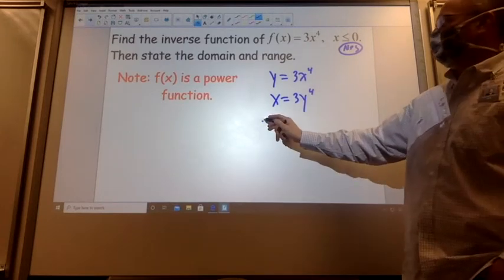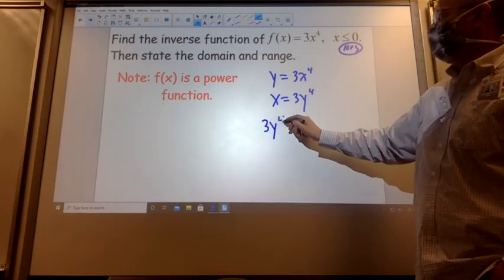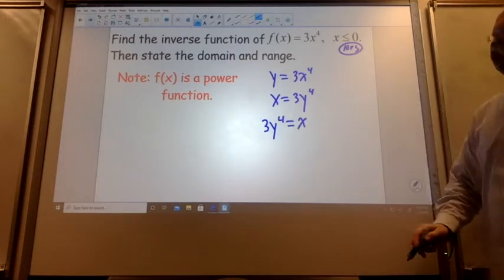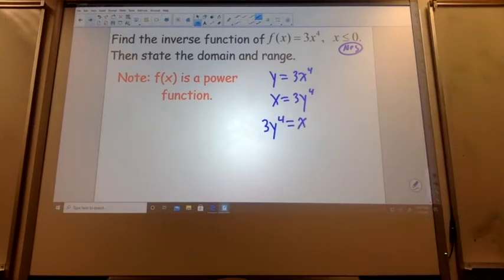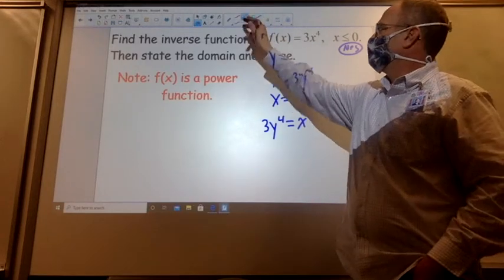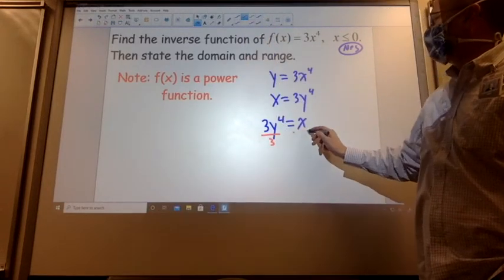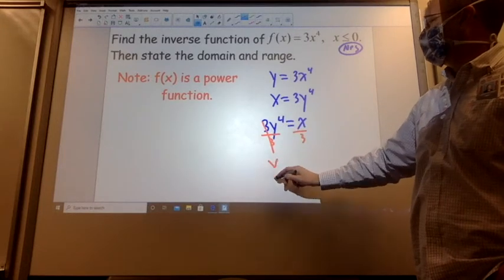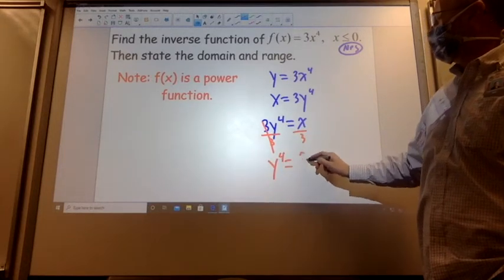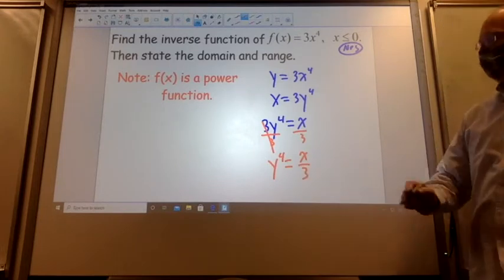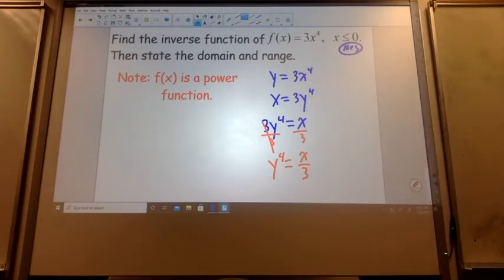To make this simpler for me, I'm going to bring the y over to the left side. And I'm going to get y by itself now. Agree? What root do I have to do on both sides? 4th root. Normally 4th root, we have to have plus or minus, yes?